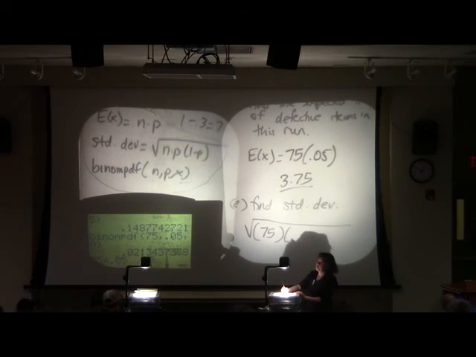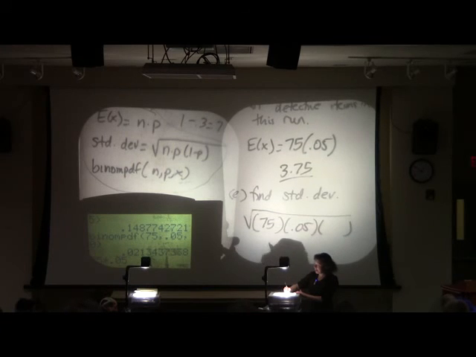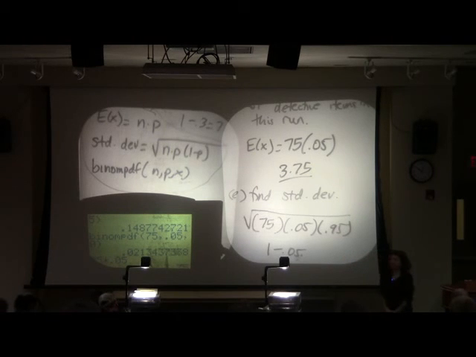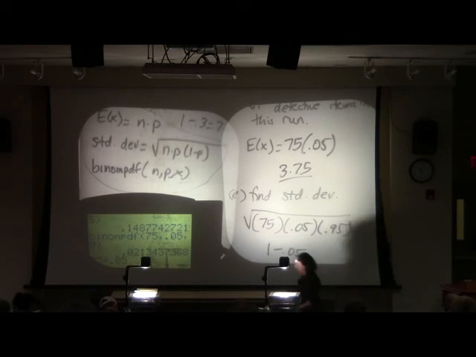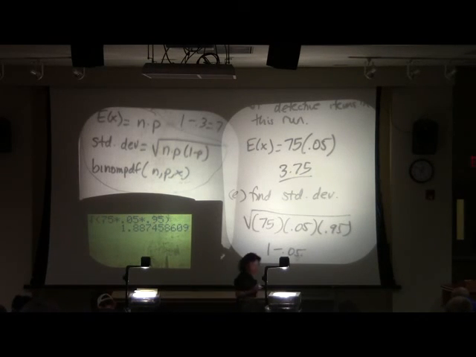What is p? 0.05. Good. And then that's times 1 minus p, in other words, 1 minus 0.05, which is 0.95. Are you guys all with me? Cool. Nice. Okay, so let's compute that. 75 times 0.05 times 0.95, and we get about 1.9.